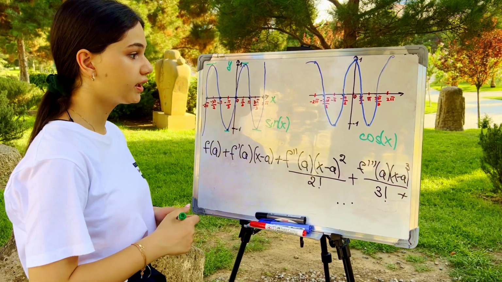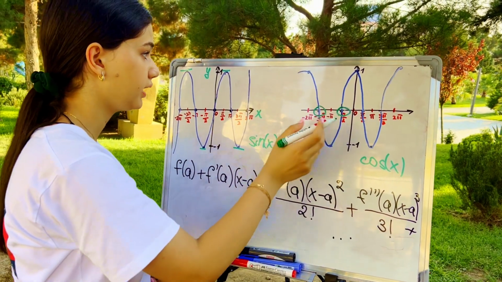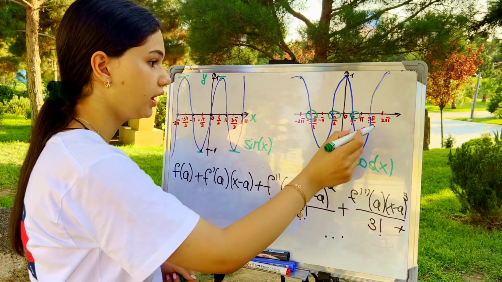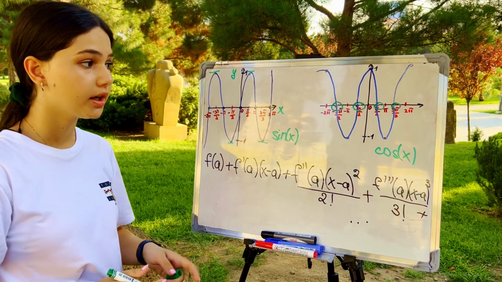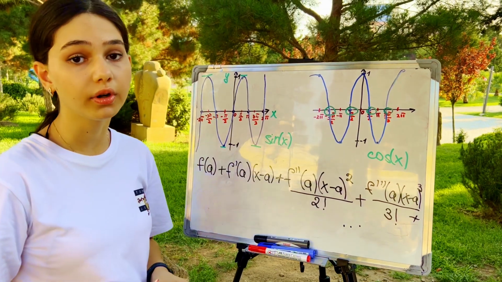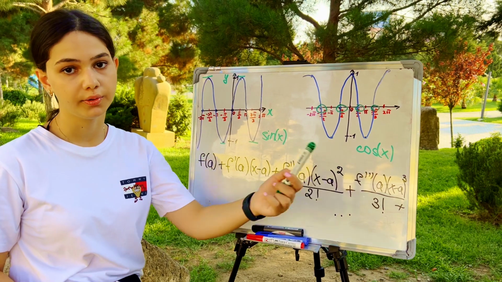You can see negative 3π divided by 2, negative π divided by 2, π divided by 2, and 3π divided by 2. These are the 4 extremas of sine of x. We can see that all 4 of them are equal to 0 when we have cosine of x.